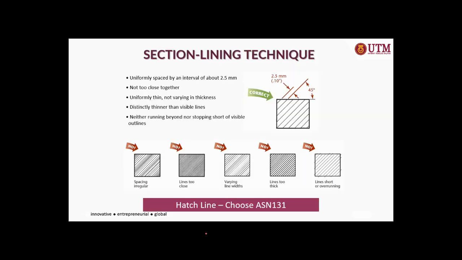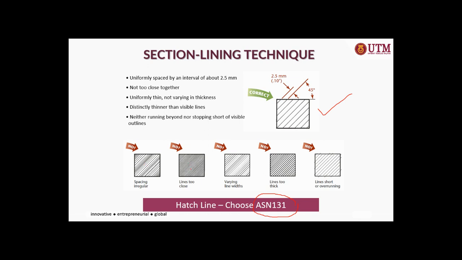All right. And so for the section line, the best for us in AutoCAD is that we choose ANSI31. Then you have fulfilled all these requirements, which is 45-degree hatching, and the line thickness is such. It shouldn't have some with a bigger space and some very dense.